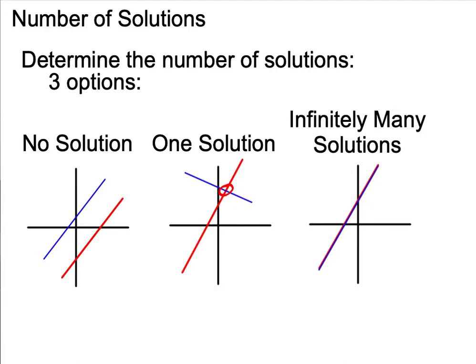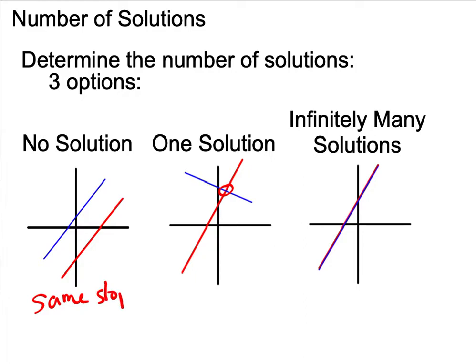Well, what leads to these happening? Let's think for a moment here. In order for there to be no solution, look at the slopes. The slope is the same. Well, instead of saying slope same, let's say same slope.